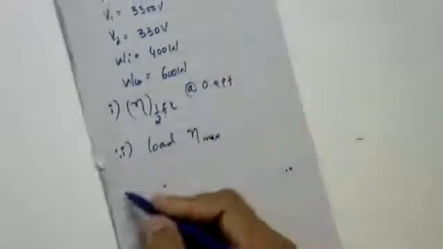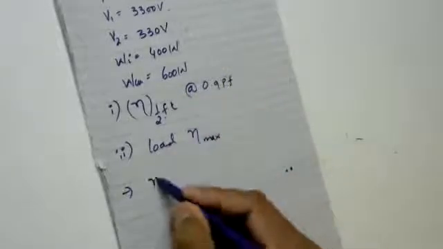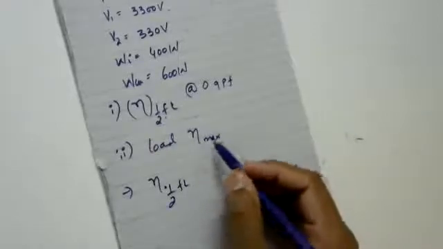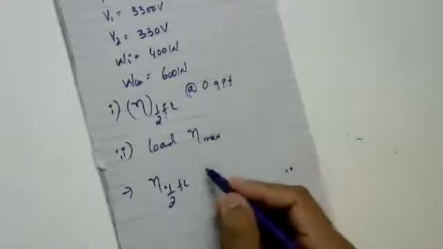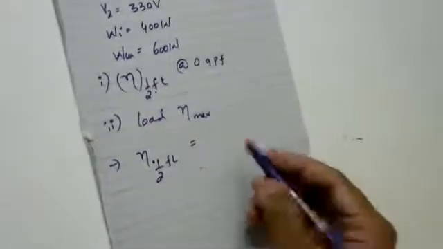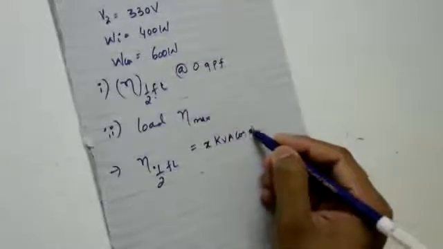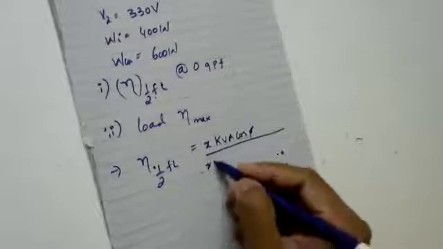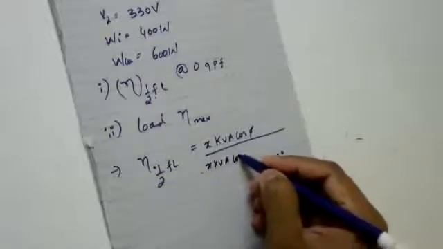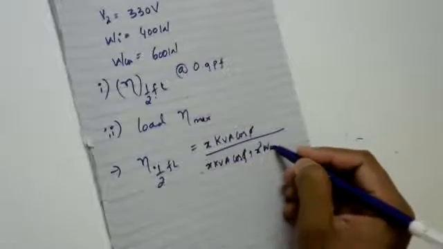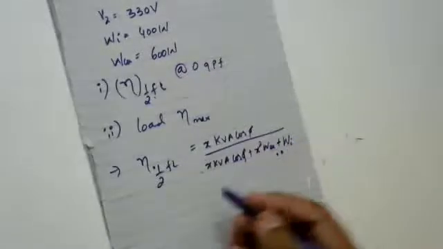So we'll start the solution with the first one. In order to compute the efficiency at half of the full load at 0.9 power factor, this is given by the same expression that we have used now: x kVA cos phi divided by x kVA cos phi plus x square copper loss plus the iron loss.